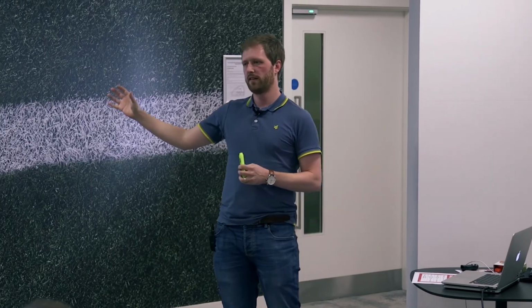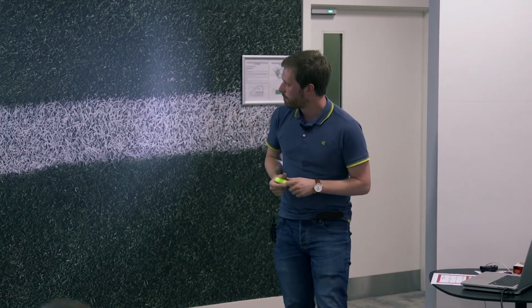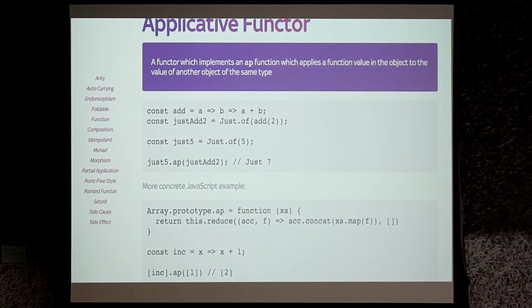So you take the insides of one, pass it to the function that's inside the other one of the same type, and get some results. And at the bottom, there's a more concrete example where you can see that if you create a function called inc and put it in an array and apply it to another array containing 1, it will increment that value to make it 2.